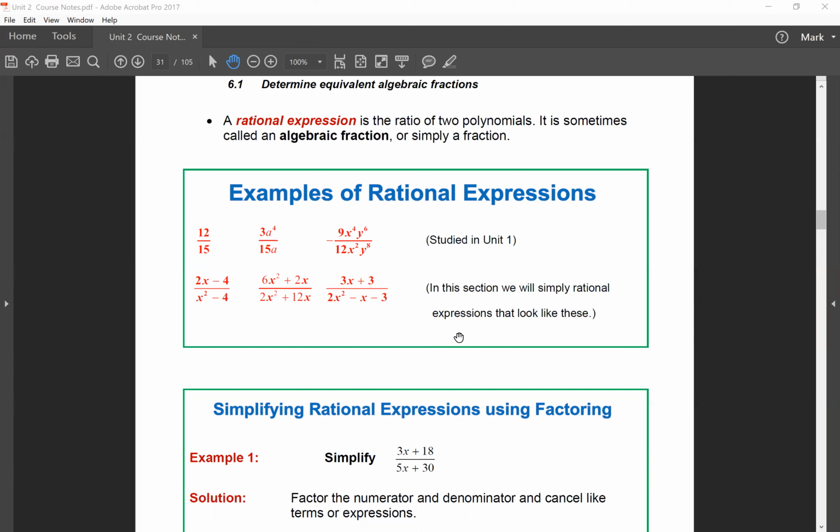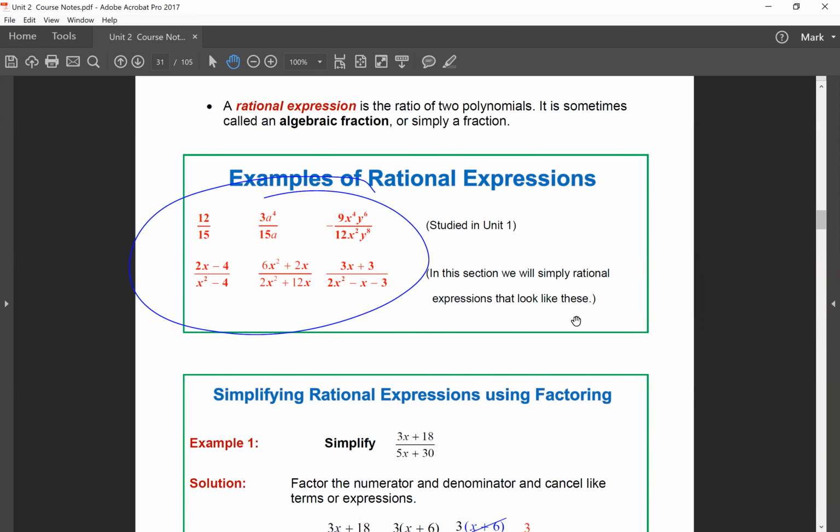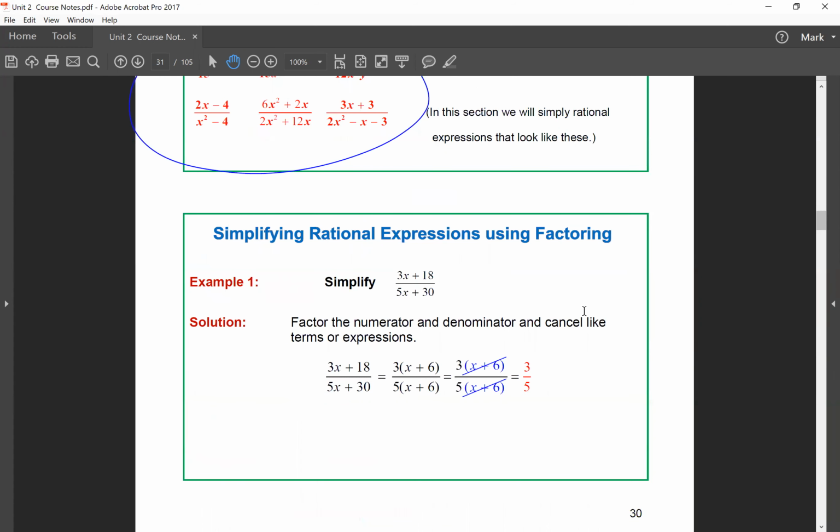So we can actually simplify these expressions sometimes by applying what we just learned, by factoring and canceling like terms or expressions. This is why I'm doing this today, because it's a perfect follow-up of factoring.